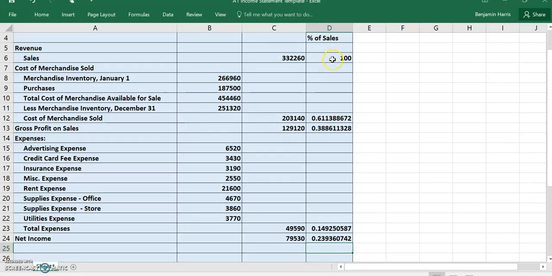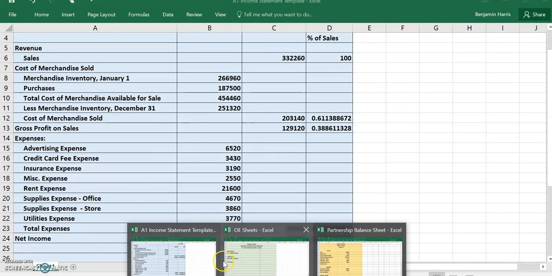So if our sales represents 100%, our cost of merchandise sold is 61% of net sales. Our gross profit is going to be about 39% of net sales. Our total expenses is going to be about 15% of net sales, and our net income is going to be about 24% of net sales.